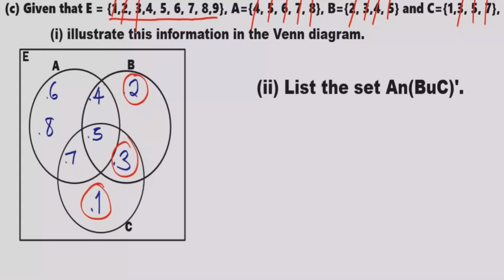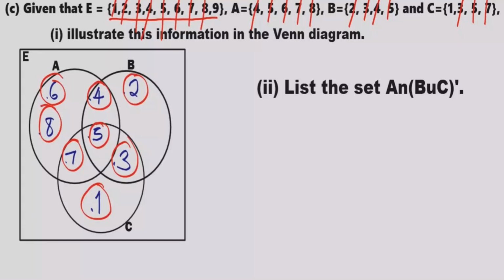Then we come to 4, it's here. So we come to 5, it's here. We come to 6, it's here. So we cancel it there. Then 7 is here. We cancel it here. Then 8 is here. We cancel it here.